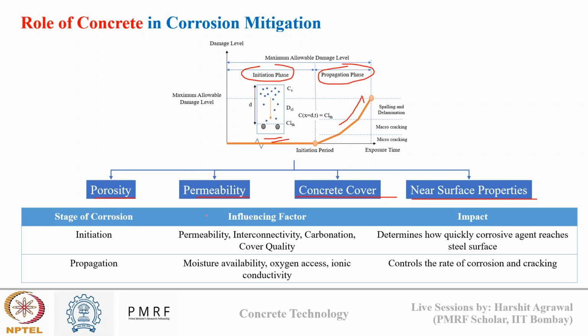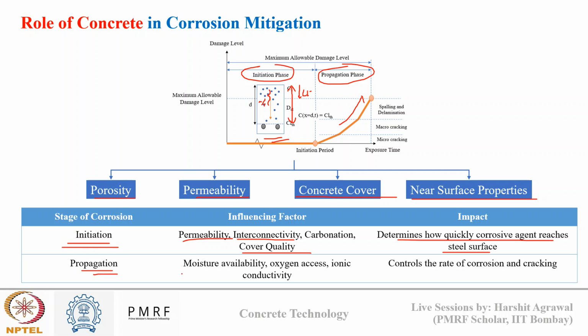So permeability or pore interconnectivity or cover quality, they can affect the initiation period. Okay, they can determine how quickly a corrosive ion reaches the steel surface. Based on the permeability of my cover concrete, the amount of interconnected pores present in the cover concrete, and the quality of my cover concrete, I can delay the initiation, I can slow down the ingress of chloride ions, which can delay the corrosion initiation.